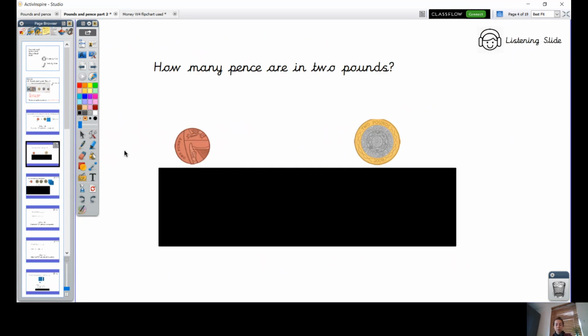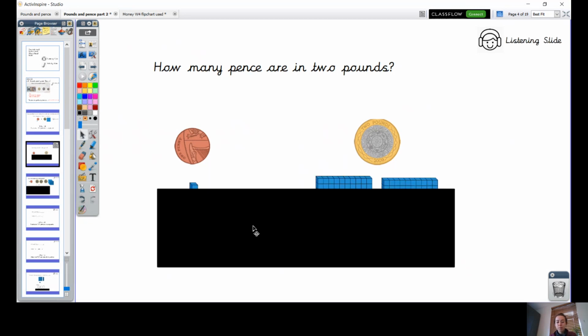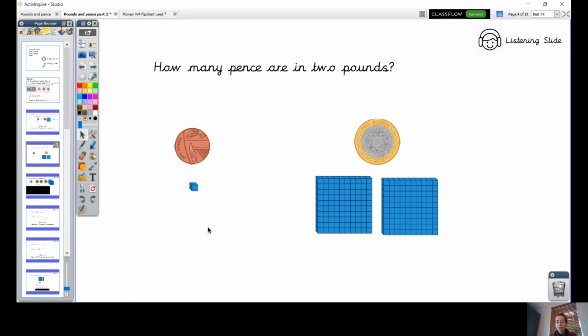Let's look at another one. So this time, we want to know how many pence or how many pennies are there in £2, because this one is a £2 coin. So we could look at it like this. So that's our penny. We want to know how many of these are in £2.